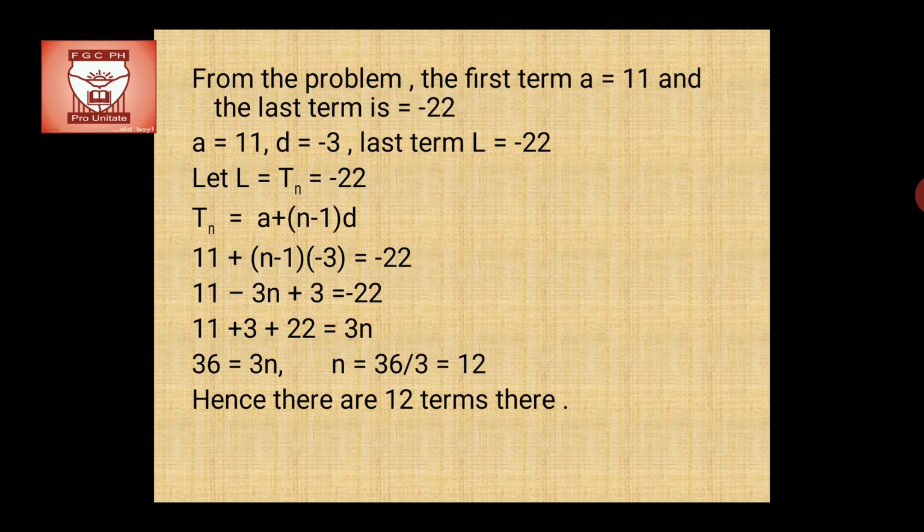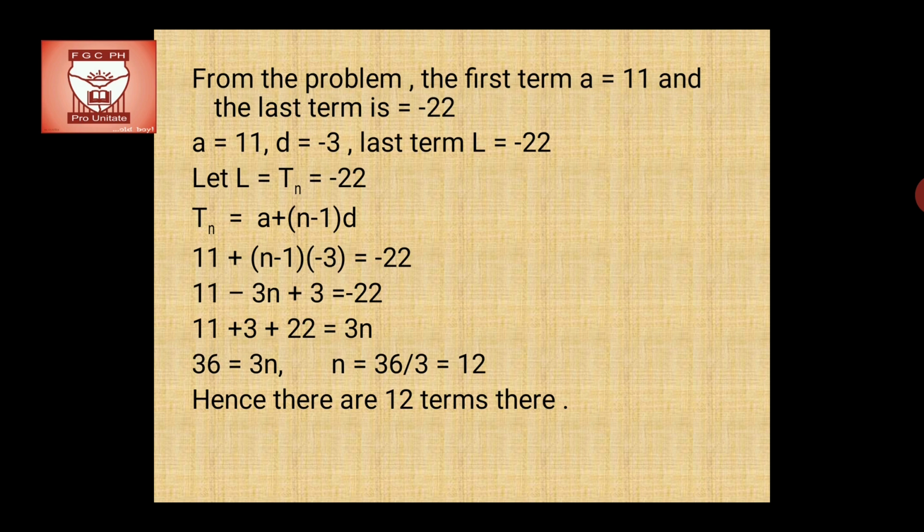Now collecting like terms, we have 11 plus 3 plus 22 equals 3n. Because we are looking for n, when we carry the minus 3n over to the right hand side, the negative changes to positive. That is the reason why we have 3n on the right hand side.